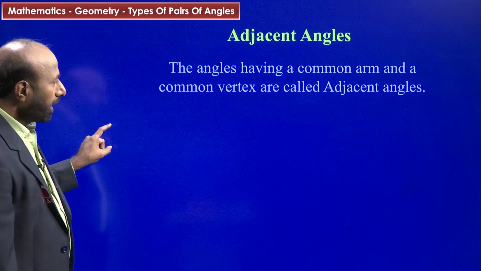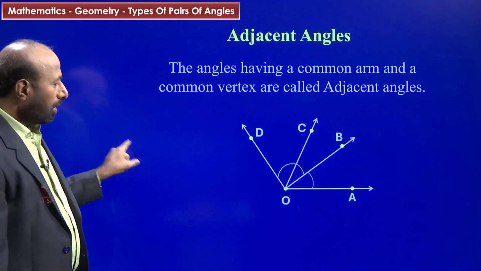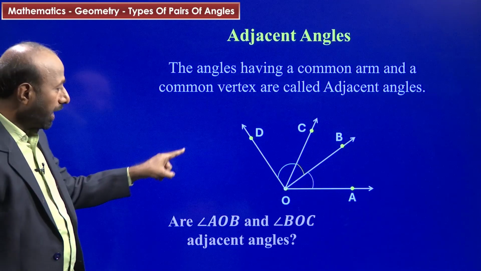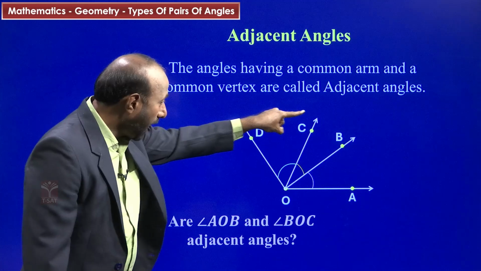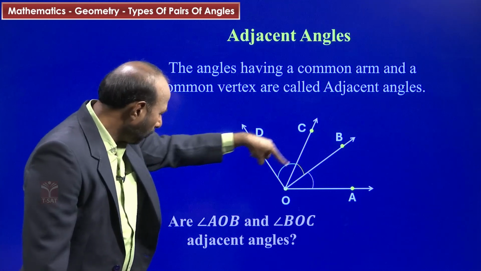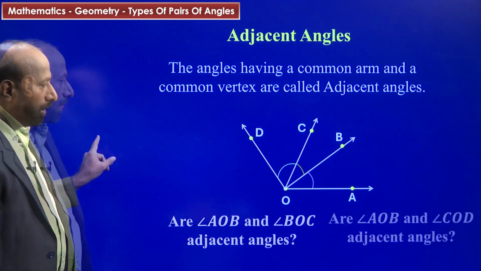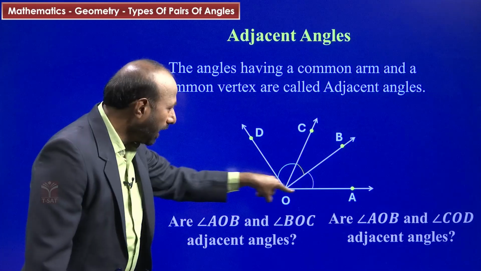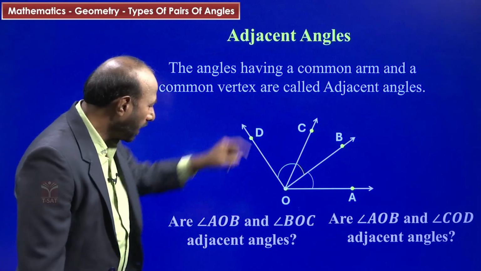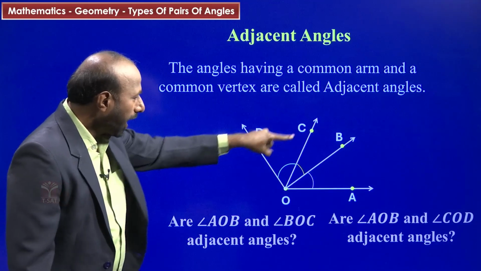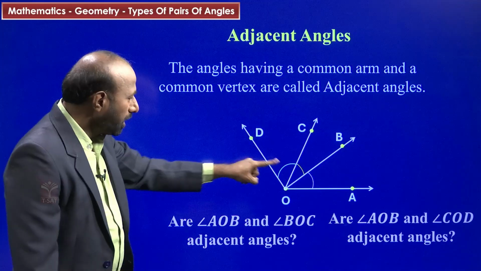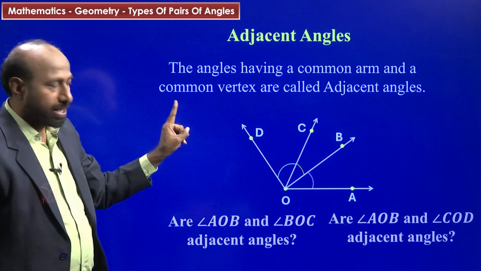Okay. If we take this picture, are angle AOB and angle BOC adjacent angles? Yes, because angle AOB and angle BOC have a common arm and common vertex, so these two angles are adjacent angles.